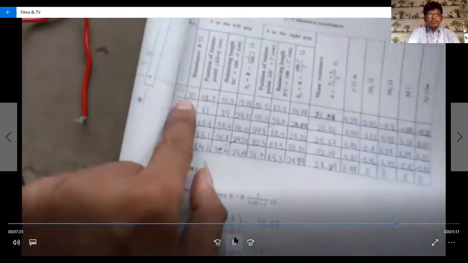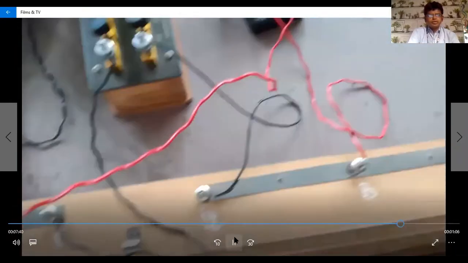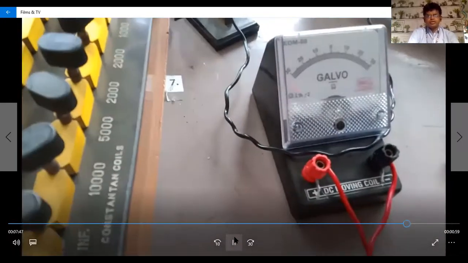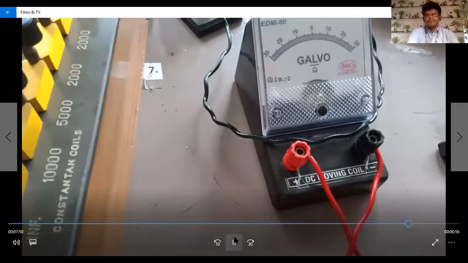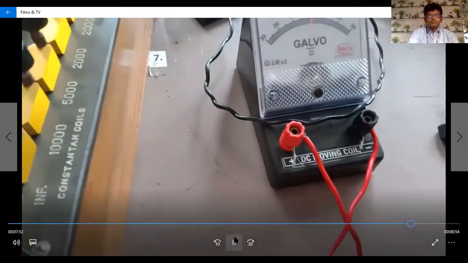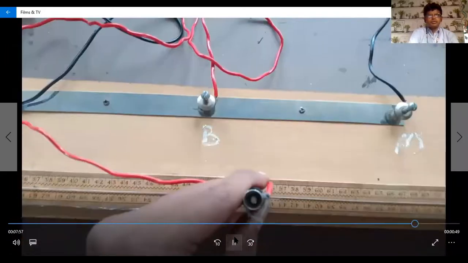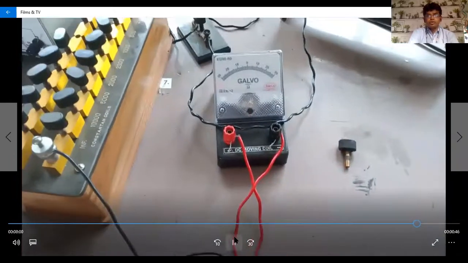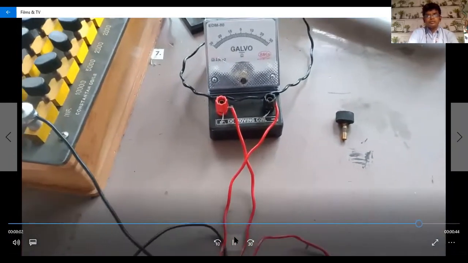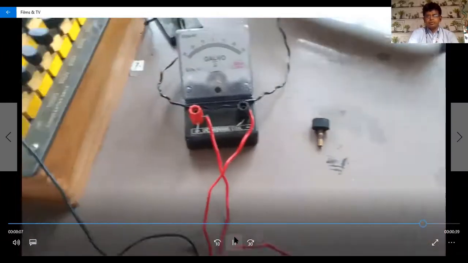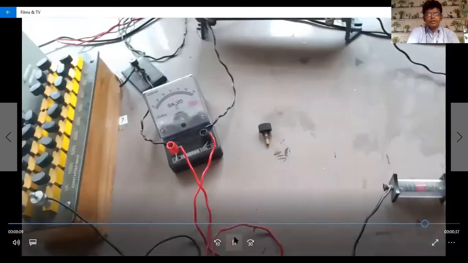Now the same process, we remove the 20 from the R box. Same process, the same value, and then we first check the galvanometer. Now it moves to both sides at both ends, so your connection is 100% correct. Now after removing the 20 from the R box, we move the jockey key on the wire, and at that time the galvanometer comes to 0, and we note down the value from the wire, from the meter bridge.